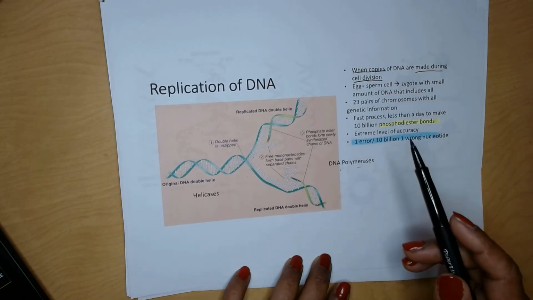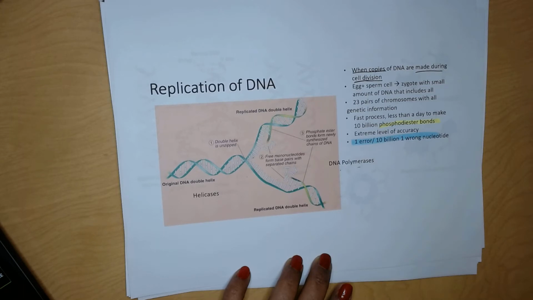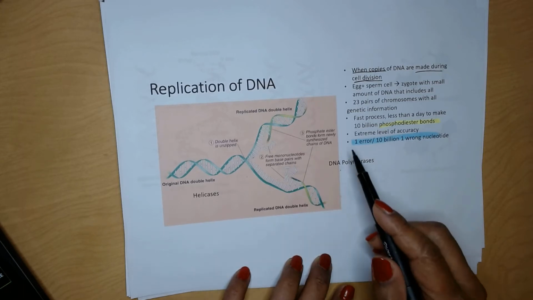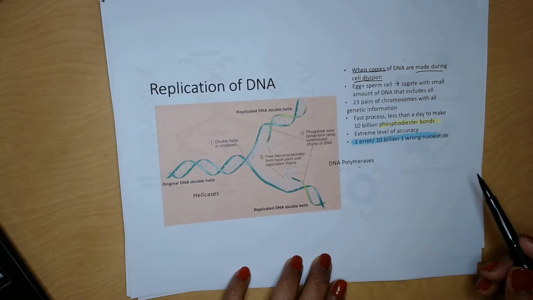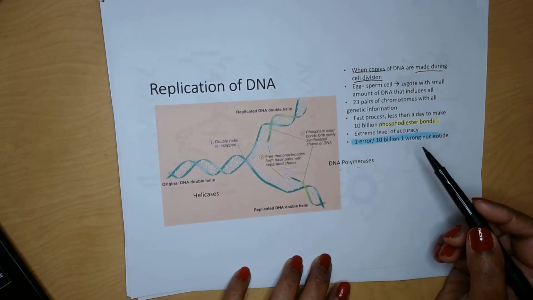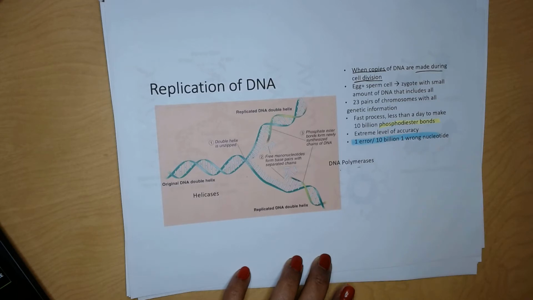This process is of extreme accuracy, with 1 error per 10 billion phosphodiester bonds being made, and the process is really fast. It's going to take place in less than 1 day.